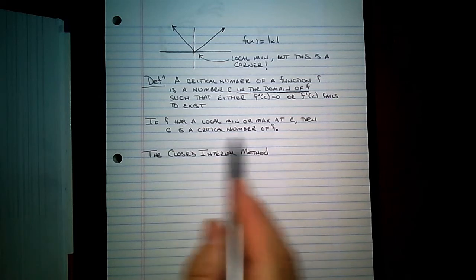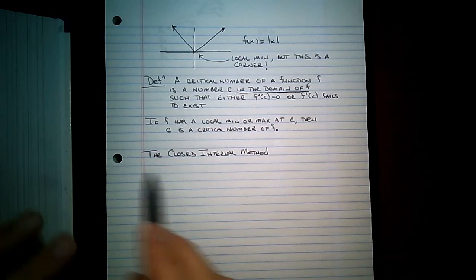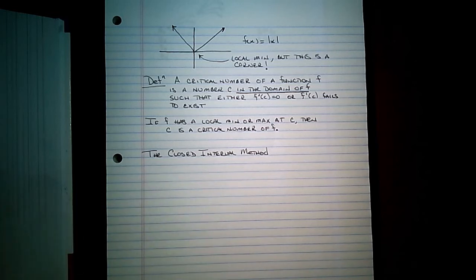Notice it doesn't say anything about an absolute min or an absolute max. So we're going to talk about absolute mins and absolute maxes right here. We're going to say, okay, what do we do with the closed interval method?